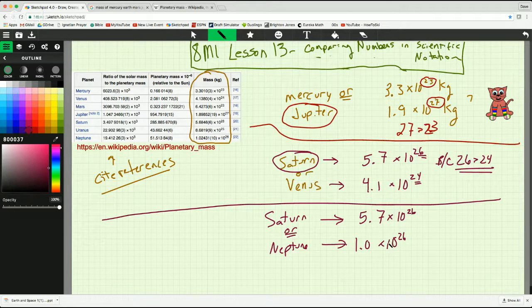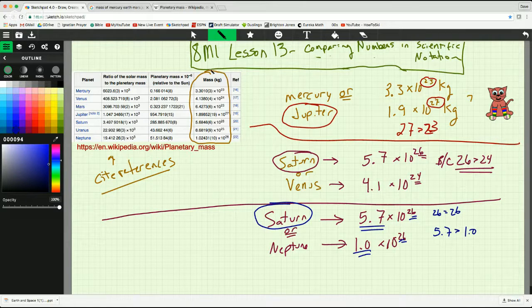These are both kilograms. So form your opinion and come on back. Well, the first thing we do is we say, well, 26 equals 26. So we can't look at the exponent, so then we have to go to the coefficient. And we say, well, 5.7 is greater than 1.0. So Saturn is bigger than Neptune.